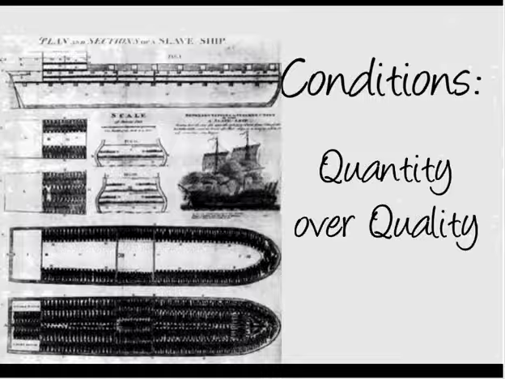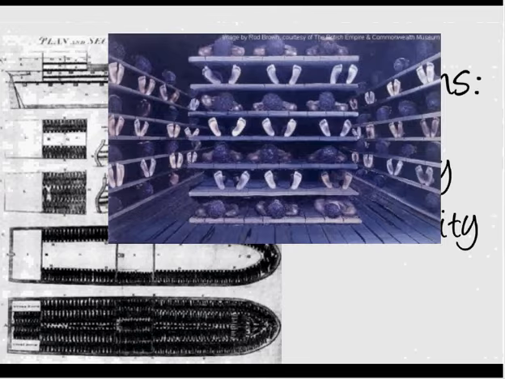Now quantity is where they would pack people in, and what you're looking at here is, these are people. This is a diagram of a slave ship. It would actually divide up the decks and basically just stack shoulder to shoulder laying down. Here's a picture of what it might have looked like. The quantity method was, a lot of people are going to die, but you get a lot more in general when you get to the New World.